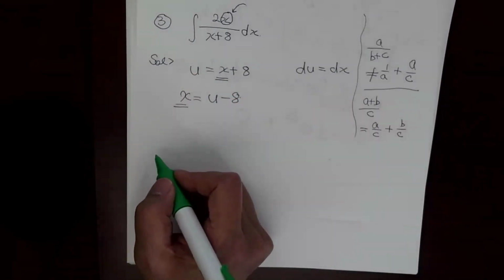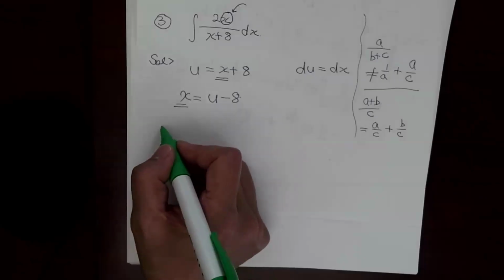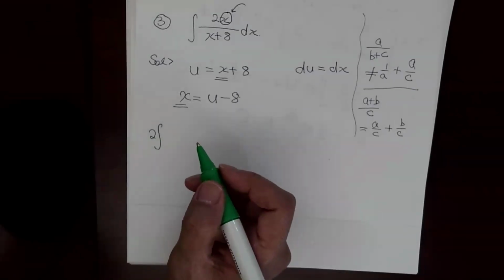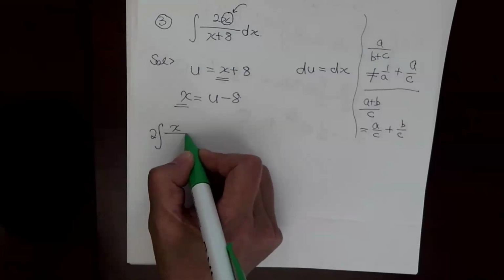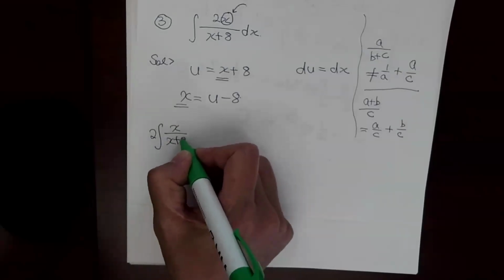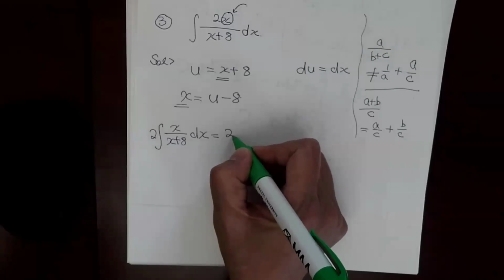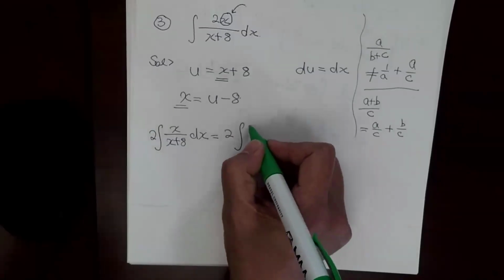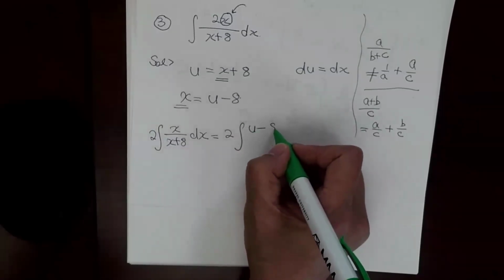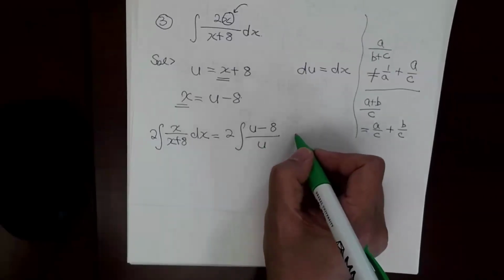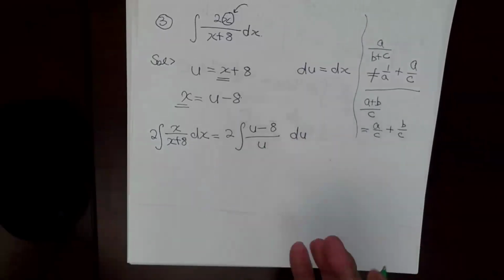So the integration can be rewritten as 2 times integration x over x plus 8 dx. X can be written as u minus 8, x plus 8 is u, and dx equals du.